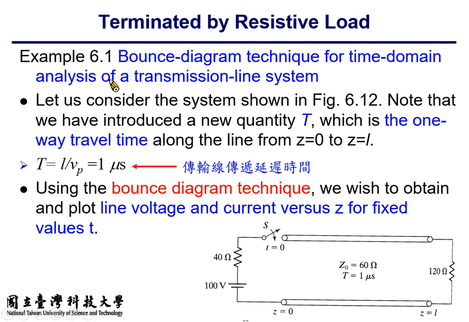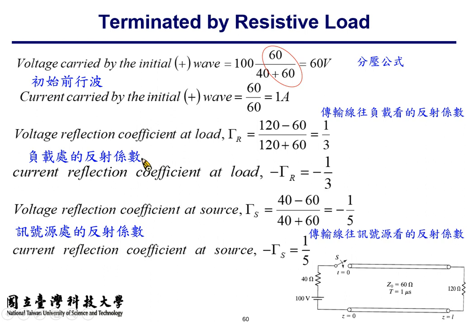So the first thing you can do is to write up some basic information about the transmission line system. For example, you should write up the reflection coefficient at the load.